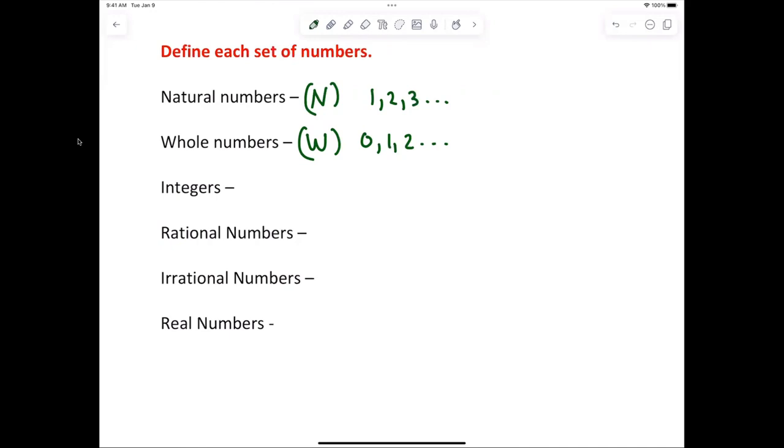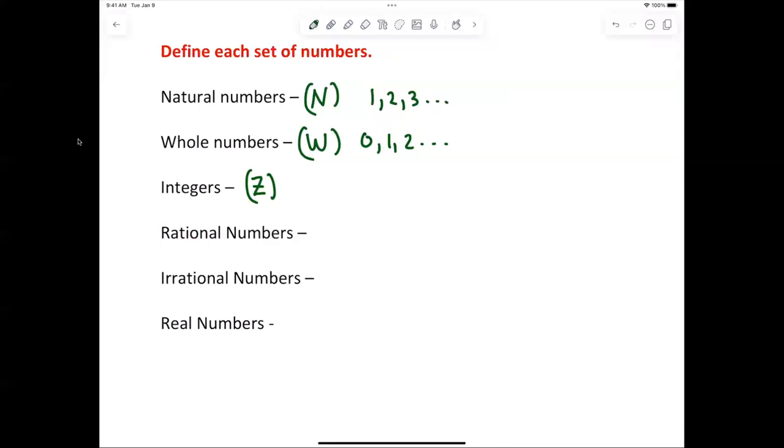Now, does anybody remember integers? What was the abbreviation for integers? Z. They couldn't call it I because there's a set in Algebra 2 you will learn, called imaginary numbers.